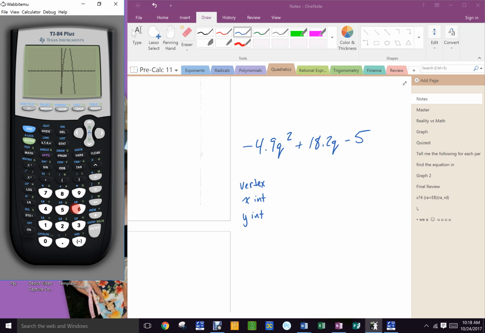Zoom 6 is going to cause you some trouble. Of course you can change just the window. We talked about that yesterday. What needs to change on the window, Max?